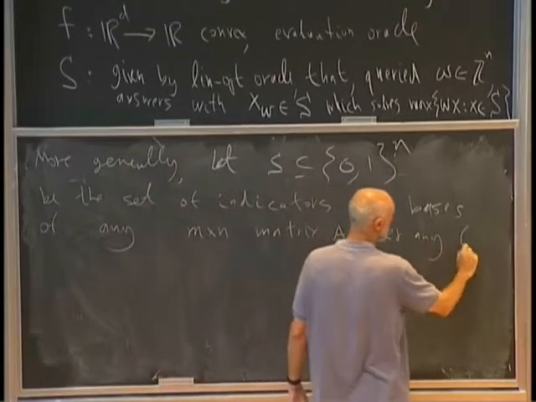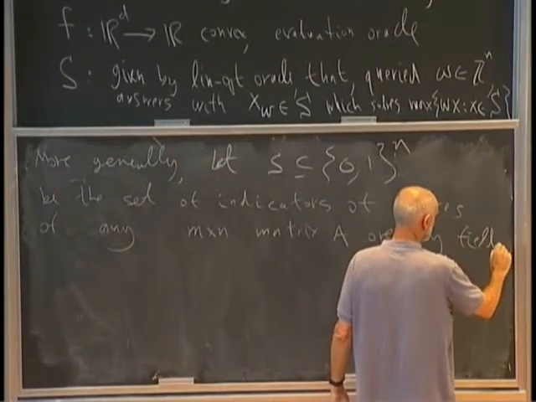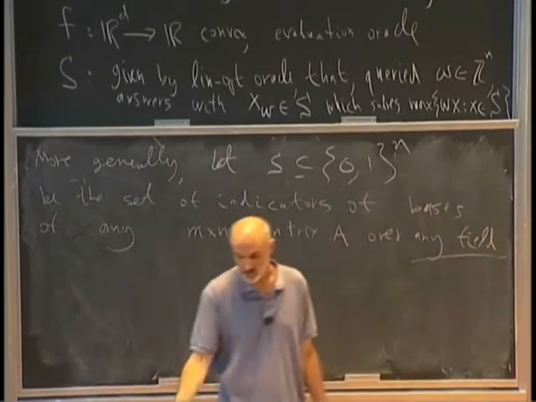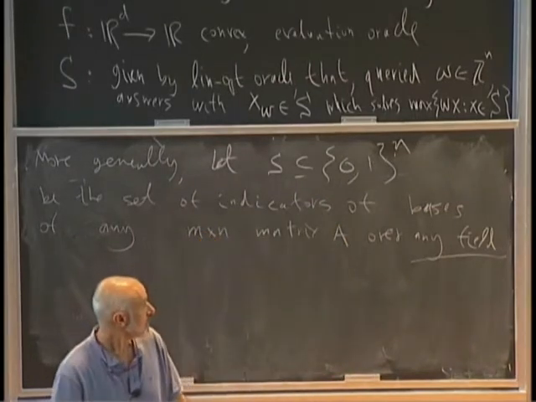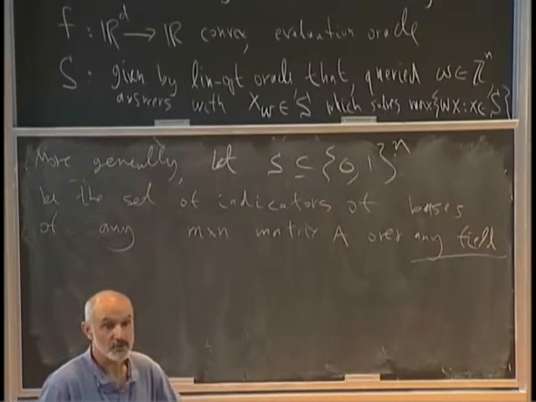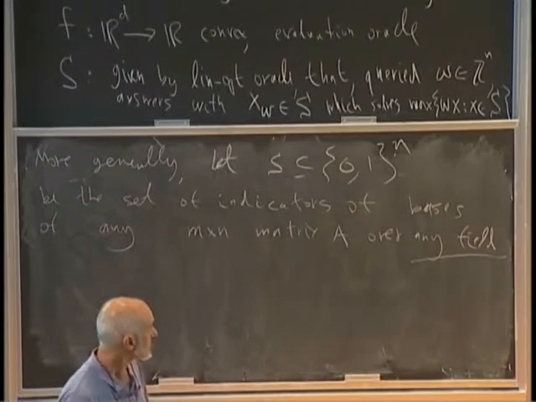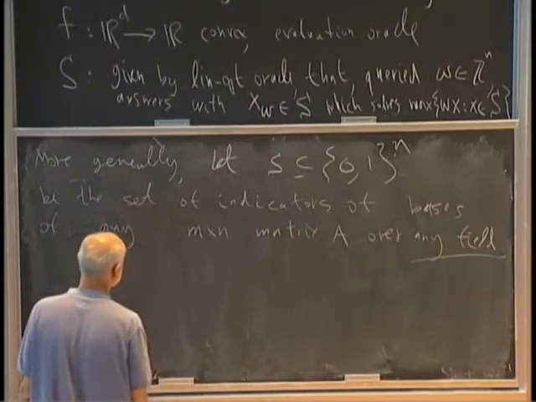It works for finite fields and everything, over any field. And there's more than that, so there are issues there. Your matrix can be over an arbitrary field, and the linear independence structure comes from the field.